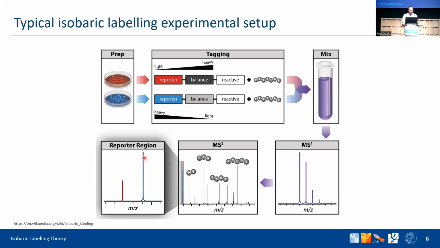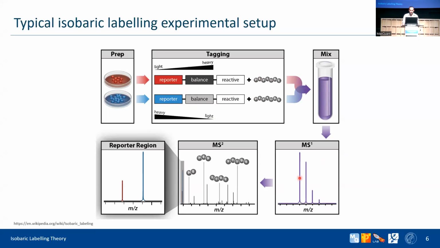So this is how a typical labeling experiment looks like. In this case, we only have 2 samples, so the blue and the red one. And the idea is, just to summarize again, that the lighter the reporter, the heavier the balance group, resulting in having the same nominal mass for our tags. Then we mix them after the tagging has been done, and then we introduce them to the mass spec.